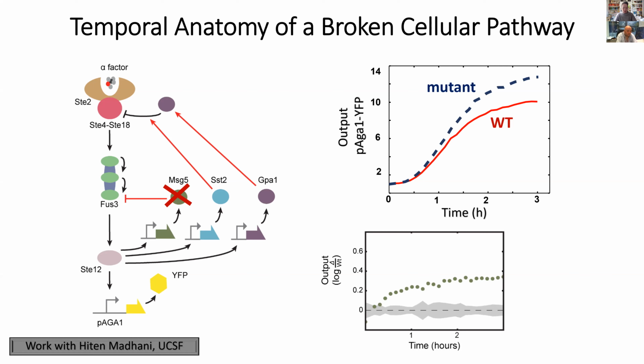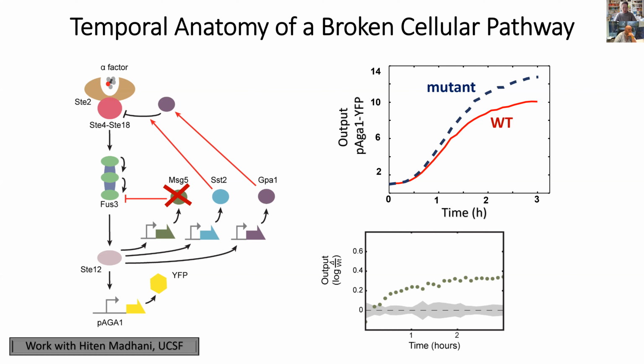So if we were to ask, what would it take to correct that pathology? How much should we put back of the mutant gene? How much does the mutant gene need to express in order to compensate? How much do we need to express MSG5 inside that cell to compensate for the lack of feedback?